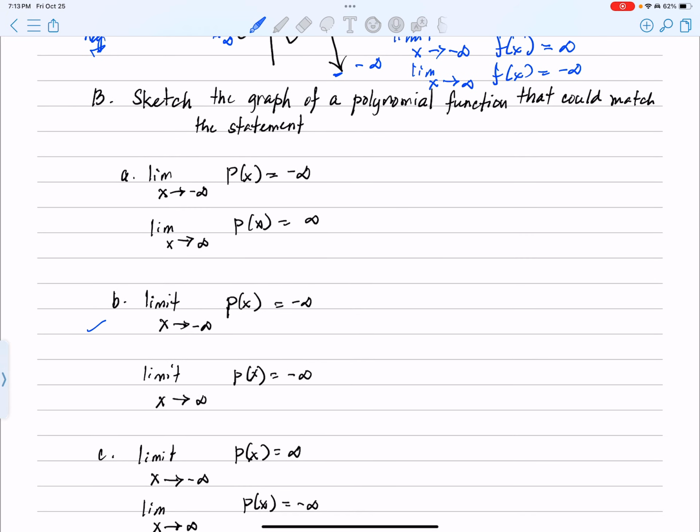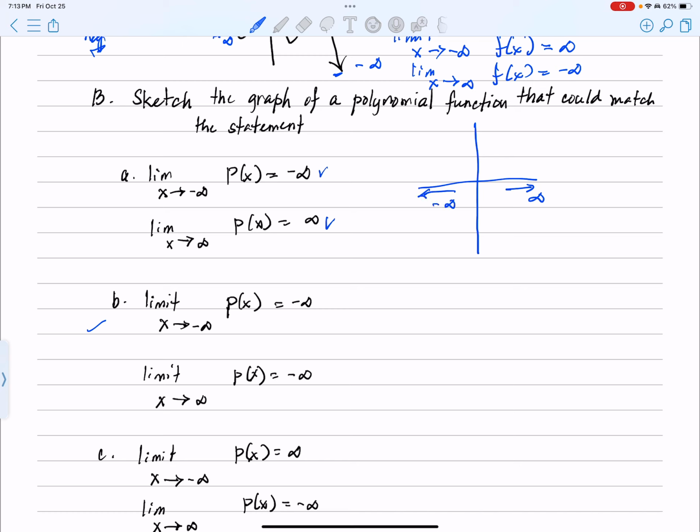So the first thing I do when I try to sketch is look at the function itself. I will mark this as approaching positive infinity and approaching negative infinity.